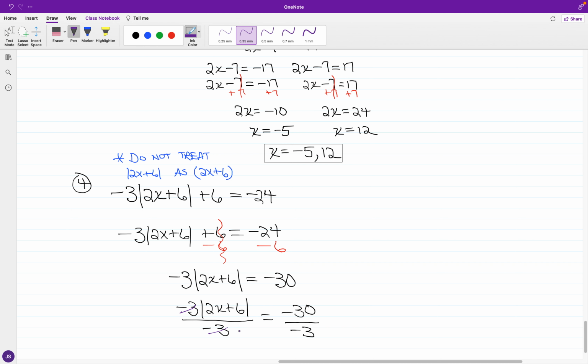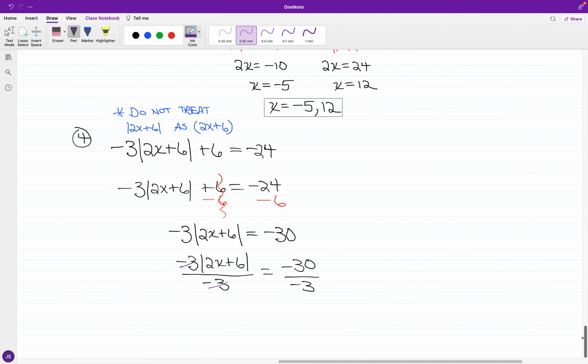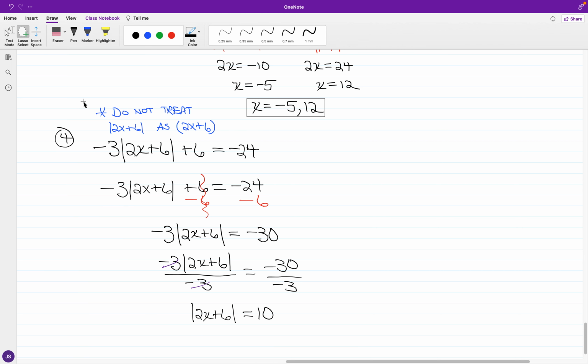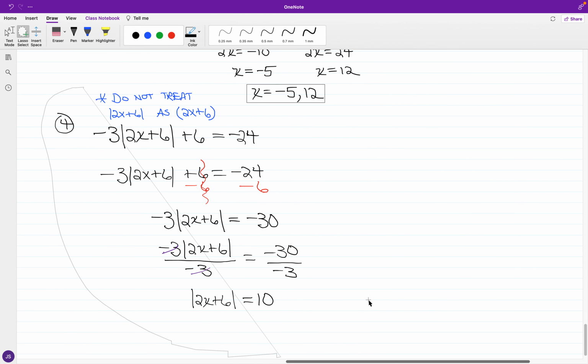So we have the negative 3's go out. So this will bring us to the absolute value of 2x plus 6 is equal to 10.